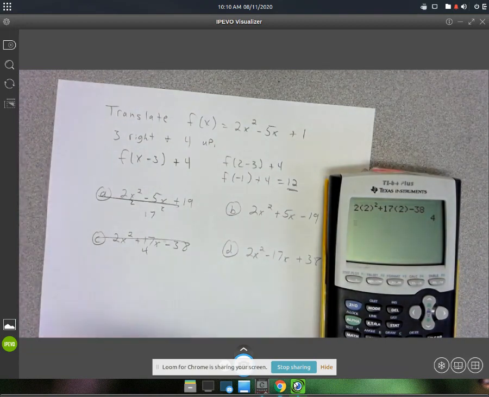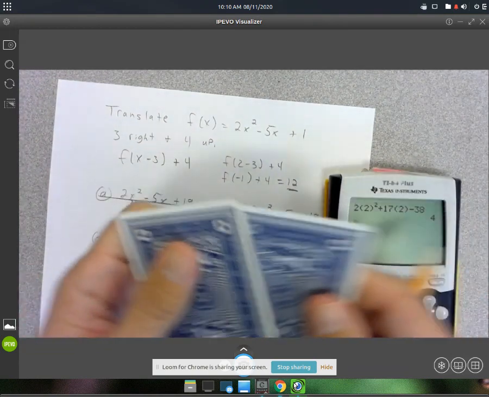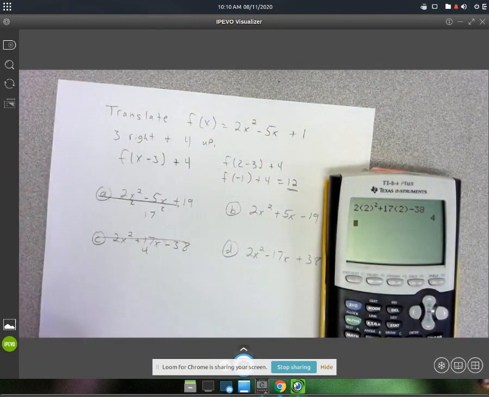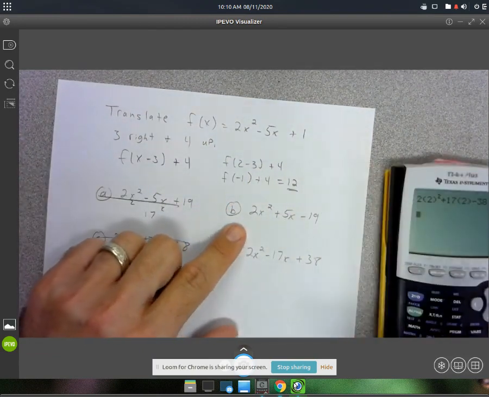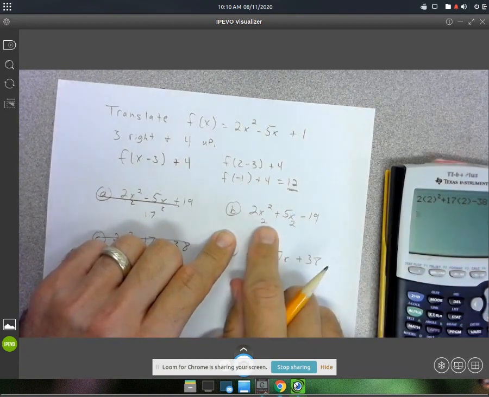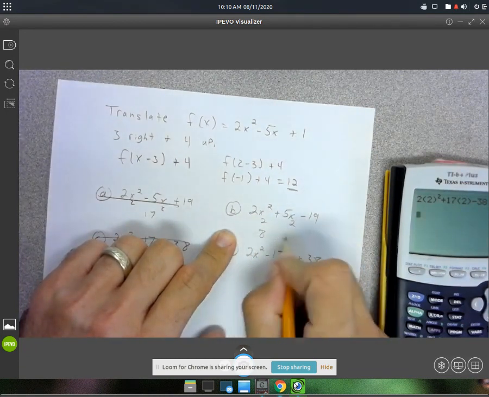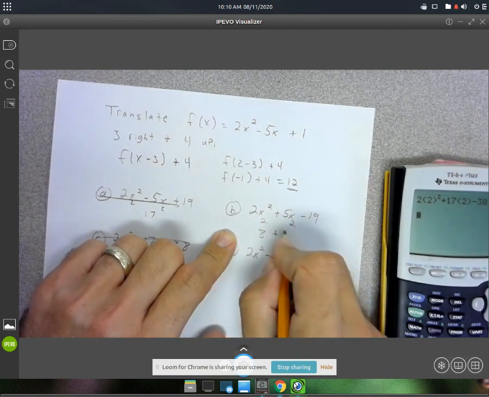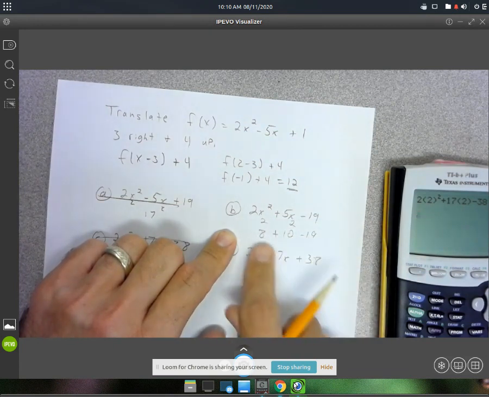All right. Last 2 cards to choose from here. We'll go with B. Plug in 2 for x. 2 squared is 4. 4 times 2 is 8. 8 plus 10 is 18. 18 minus 19 is not 12.